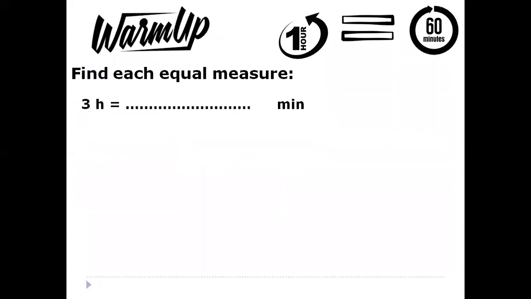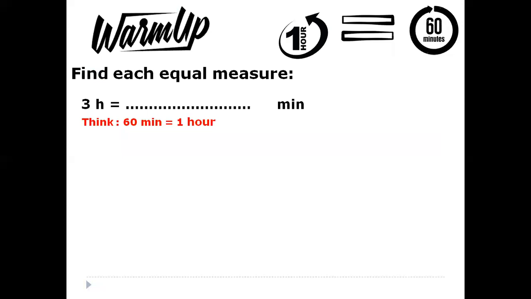Let's do this quick warming up. Do you remember how we find the number of minutes in 3 hours? First of all, you should remember that in each hour we have 60 minutes. So, in the 3 hours, how many minutes do we have?